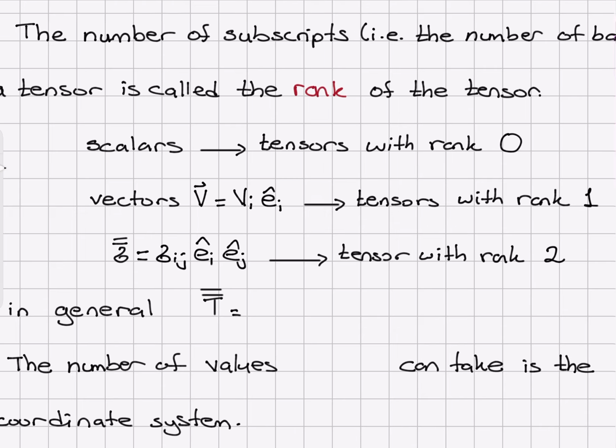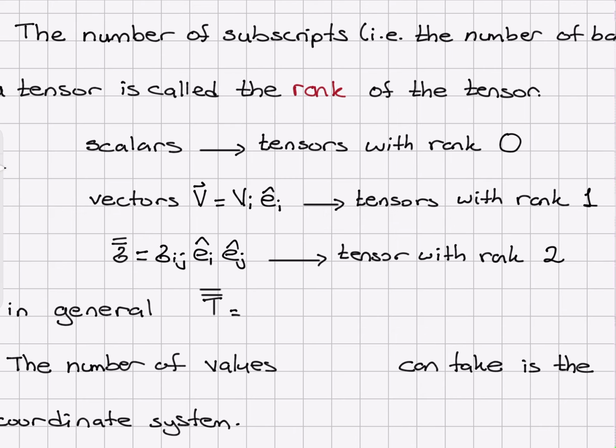So in general, if I have a tensor T, this can be written as T_ijk, as many subscripts as we need, e_i hat, e_j hat, e_k hat, etc. So we can have any rank tensor in principle.